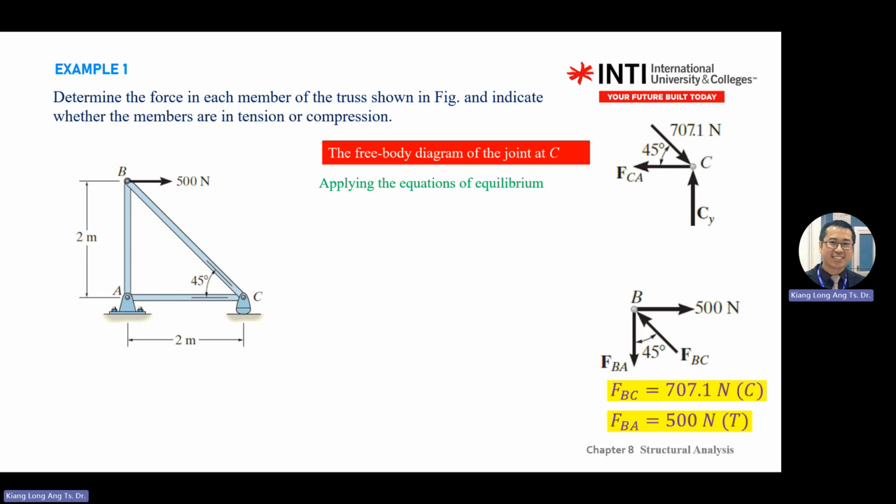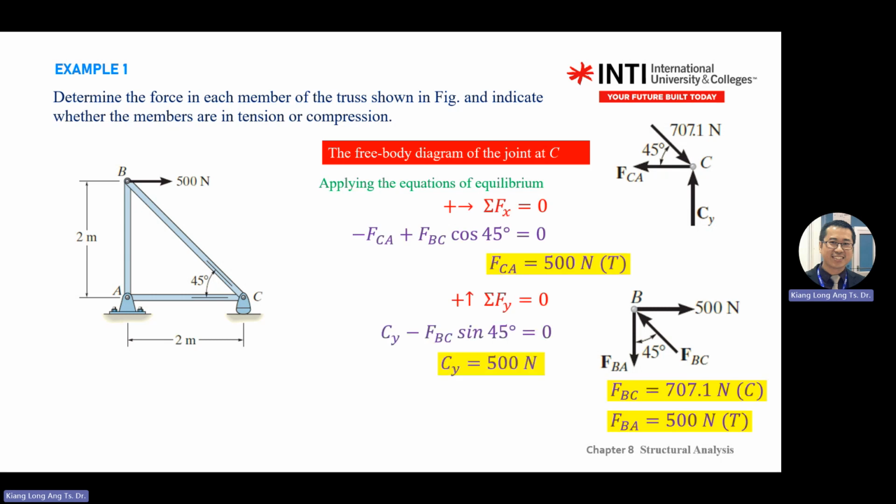Let me know if you don't understand what is happening on the screen. Okay, so FCA is pointing to the left, pulling the pin C, that's why it's tension. Again, we are now focusing on the pin. But however, CY, why is there no C or T there?